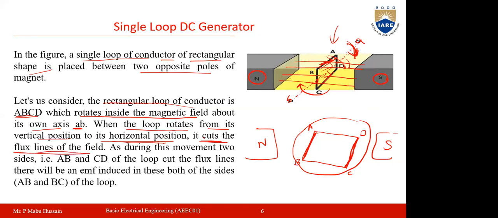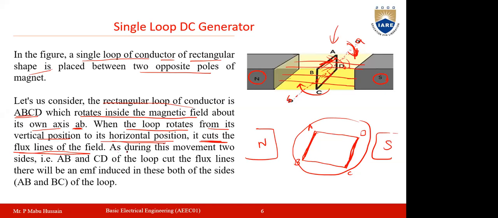Whenever it cuts, there is a magnetic flux linkage. If these flux linkages are changing, according to Faraday's law, EMF will be induced in the conductor, and if there exists a closed path, current also will flow. Based on that principle we are working here.